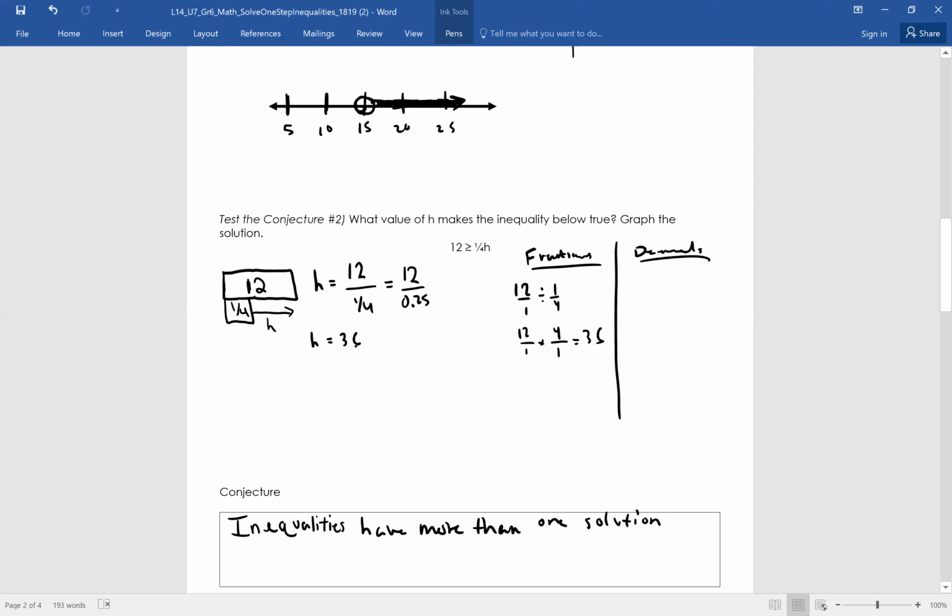Now, if you wanted to use a decimal, you can do 12 over 0.25. We have to multiply by 100. And 25 goes into 1200. How many times can 25 go into 120?